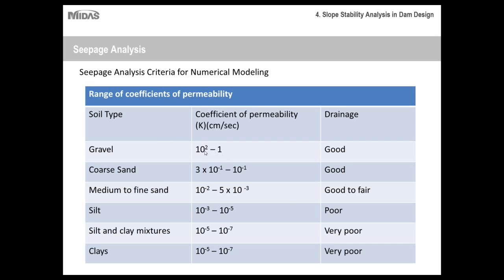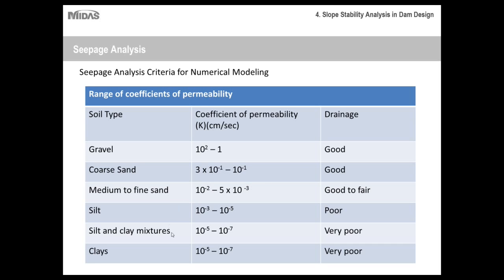the water can travel very quickly through it, so it's very good for any type of drainage condition that you have. Whereas as you go into coarse sand or fine sand, the pores, or the areas between each grain of sand, become smaller, and it takes longer for water to seep through there.